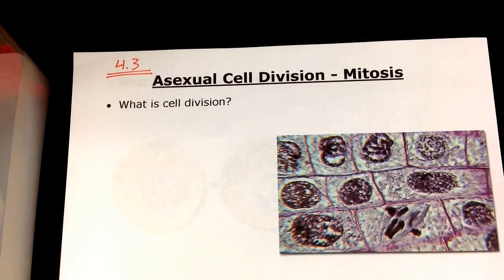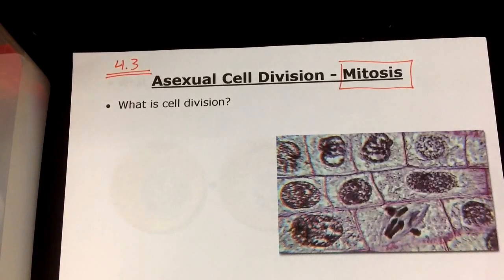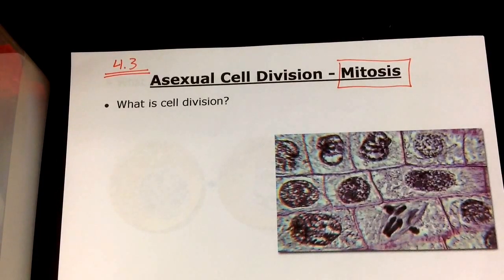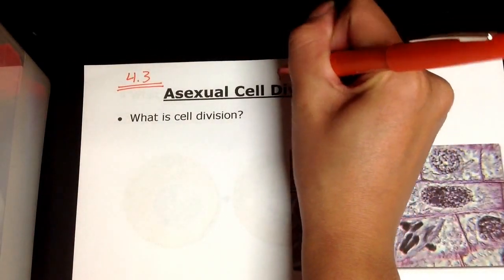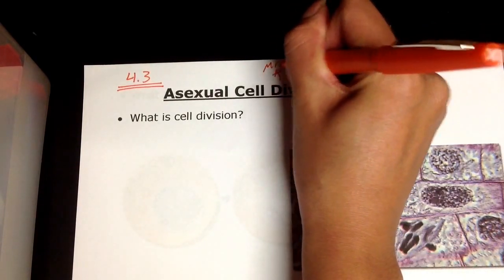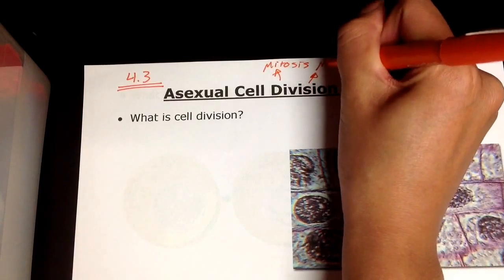Alright, so we're moving on with asexual cell division, and today we're going to primarily focus on mitosis. So when you think about asexual cell division in general, it isn't just mitosis. Cell division could be mitosis, but it is also meiosis.